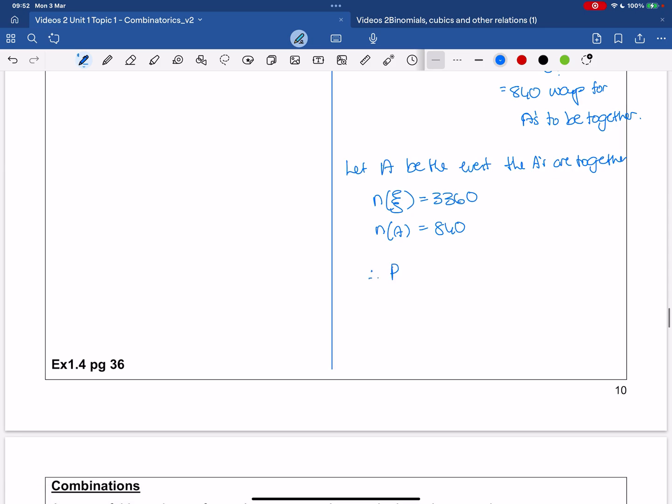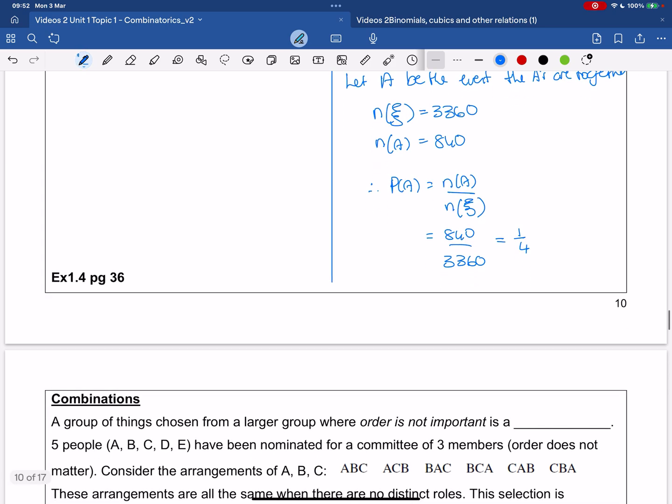So therefore my probability of A is my number in A over my number in the sample space, and that's going to be 840 over 3360, and that is a quarter. So therefore the probability of two A's together is a quarter.